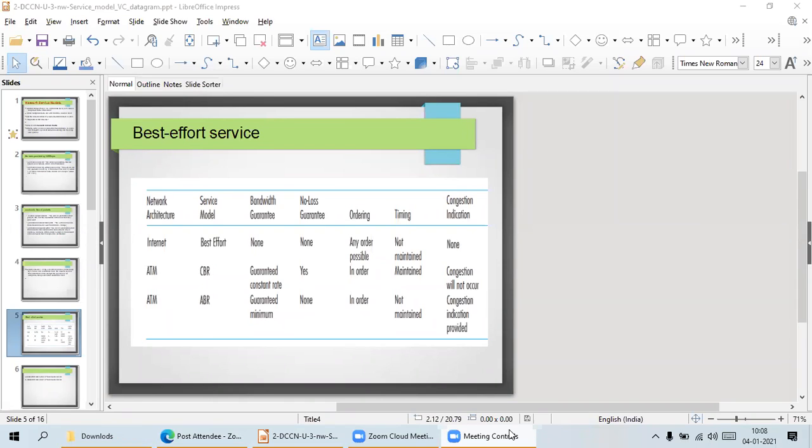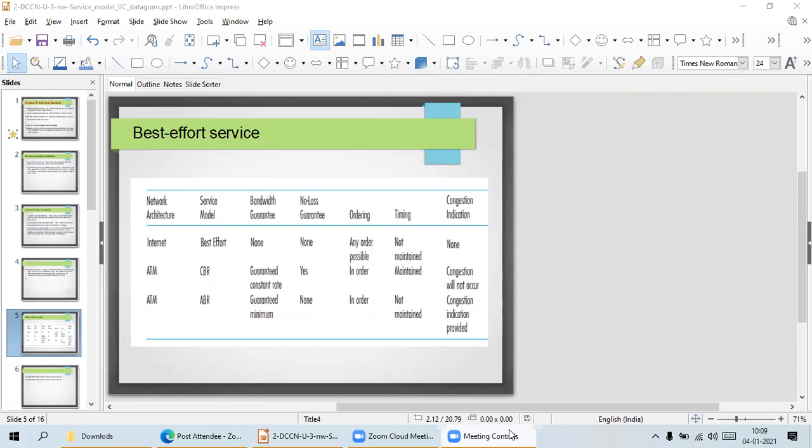Whether you use the best effort model, constant bit rate model, or available bit rate model, these network service models work according to the criteria we have discussed, such as guaranteed bandwidth.